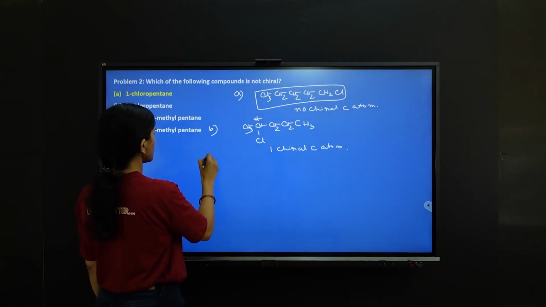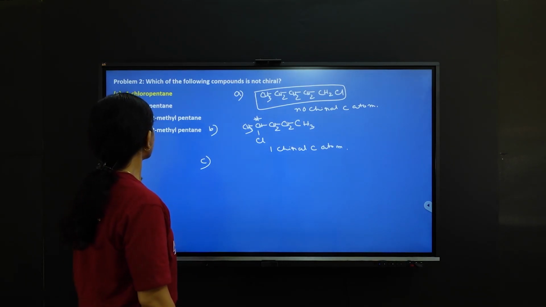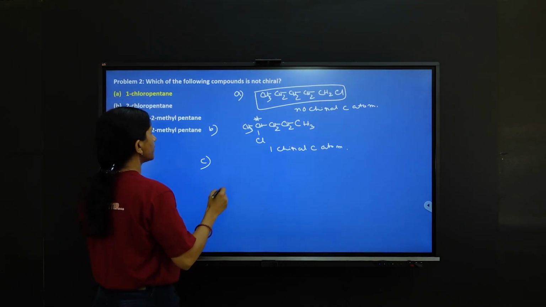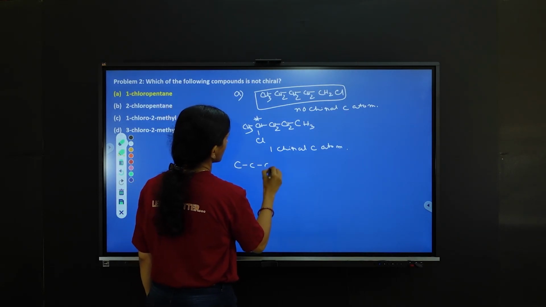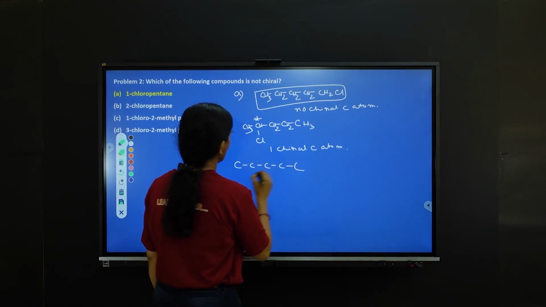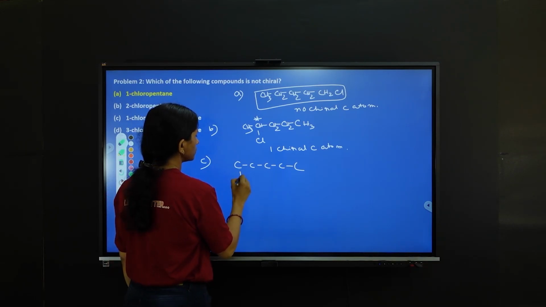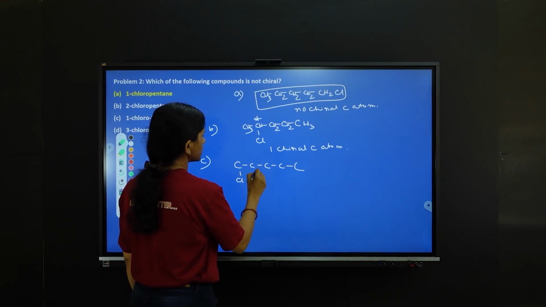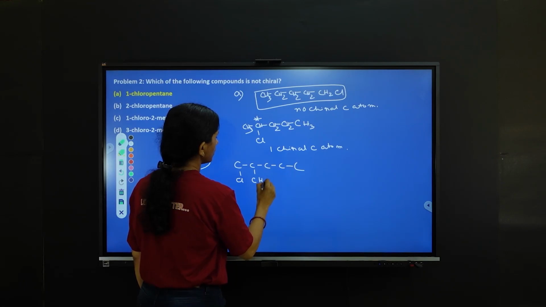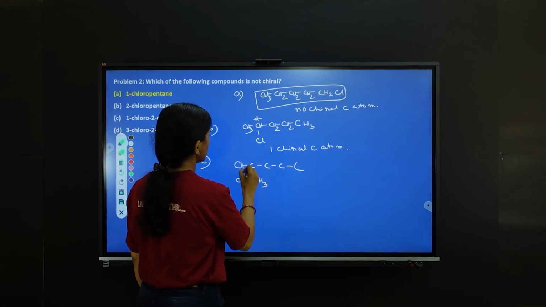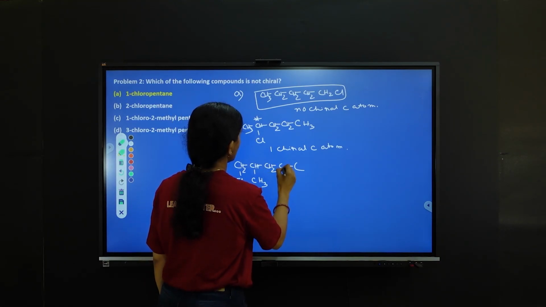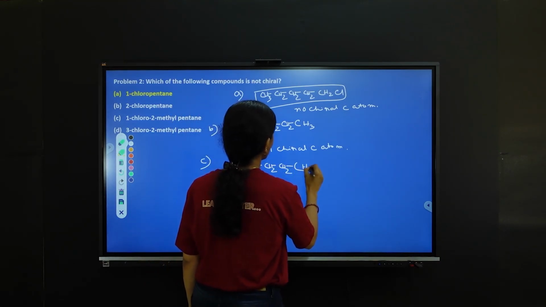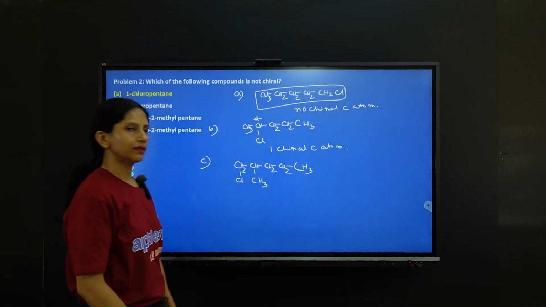Now let's see compound C, 1-chloro-2-methyl-pentane. This is our 1-chloro-2-methyl-pentane.